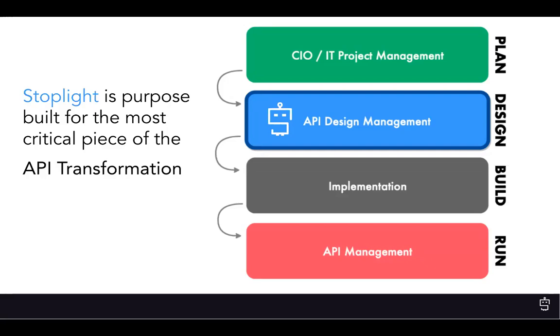But now we're starting to think about that category around API design management. You're going to see in the future version of our product, coming up in May and June, that we're going to take that design piece a bit further and give you an ability to look at all of your designs across your organization and have some governance and reuse of those designs.